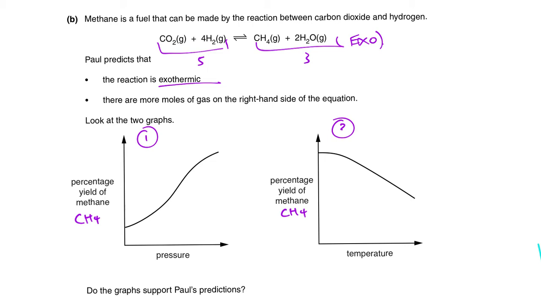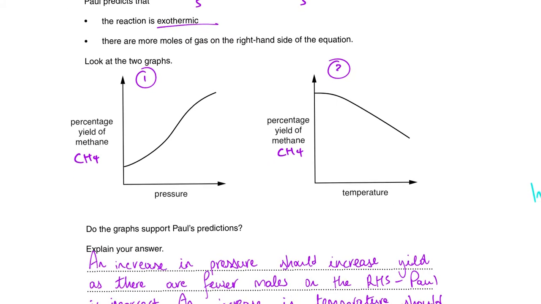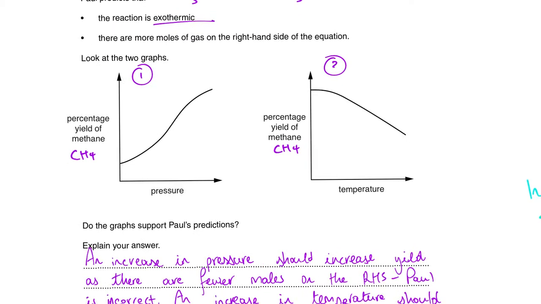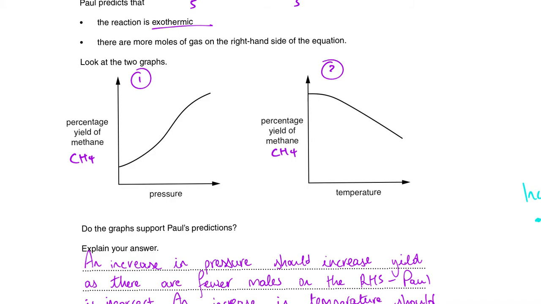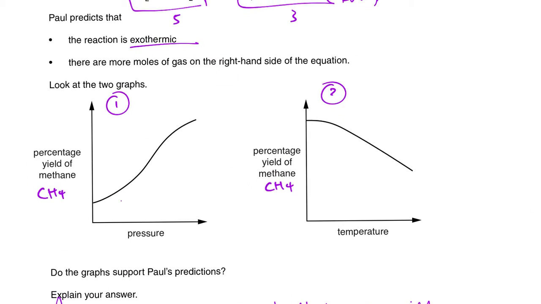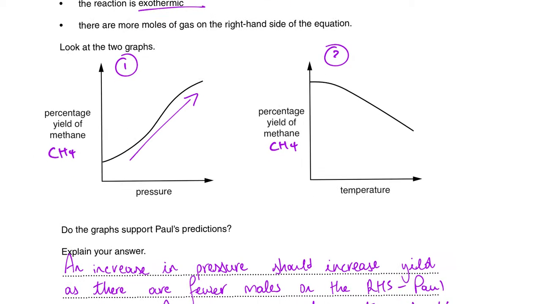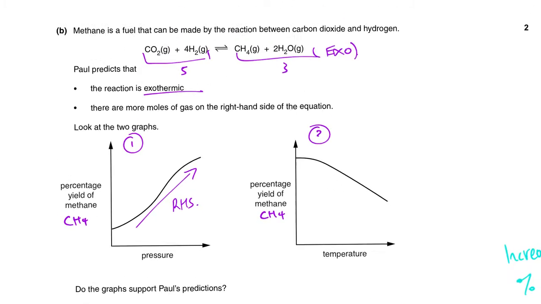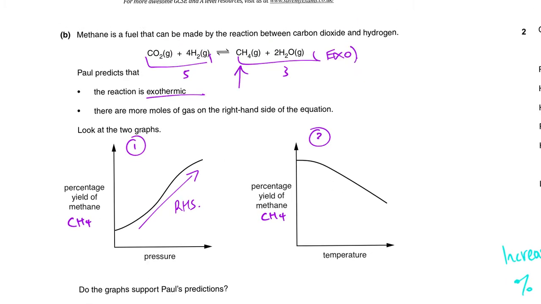So I've got a graph on the left, which is pressure, a graph on the right, which is temperature. The first thing he said, he reckons there's more moles on the right-hand side. Well, we can see that my percentage of methane is going up in this graph, which means that it's shifting to the right-hand side, because methane in my equation is on the right.